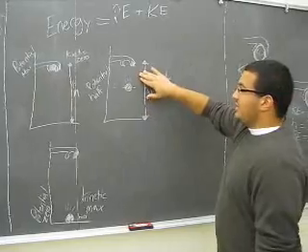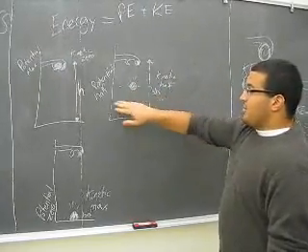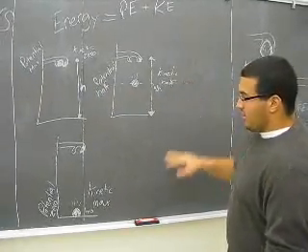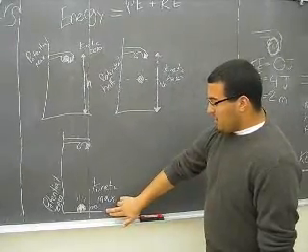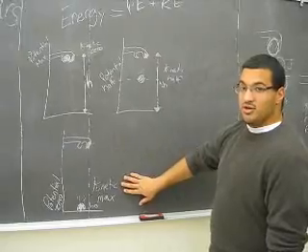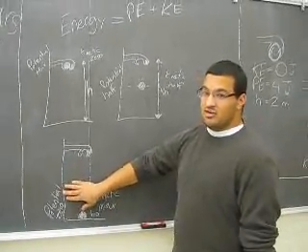After the ball has been released, the ball is at half the height, so that potential energy is half and kinetic energy is half. Here, the ball has reached the minimum height, so that all the energy has been transferred into motion, so that kinetic energy is at a max and potential energy is at zero.